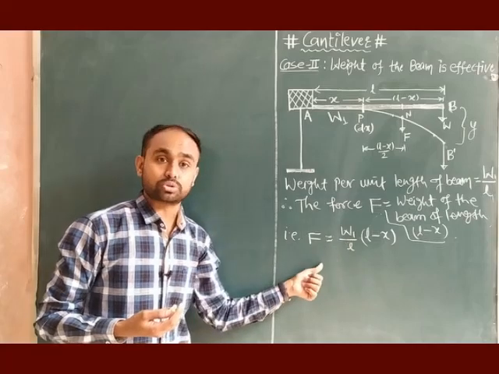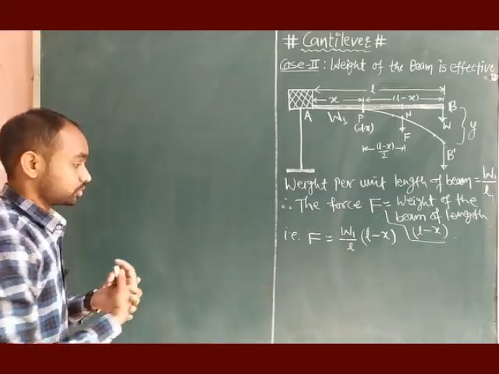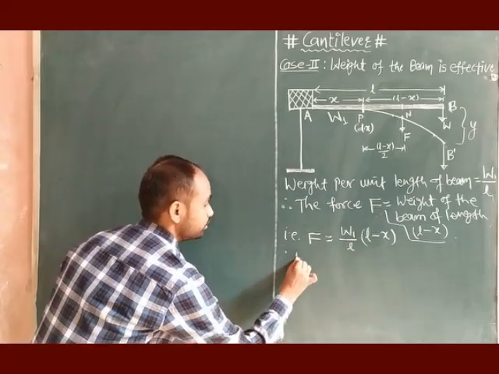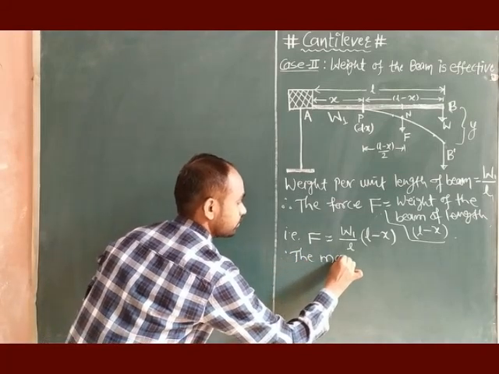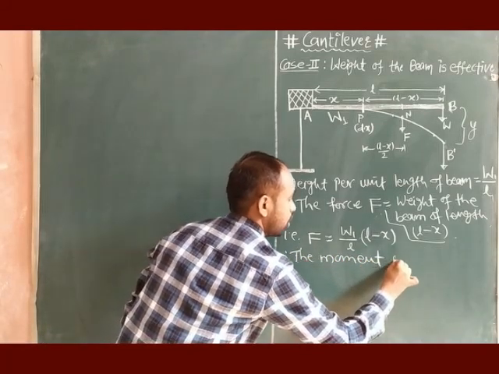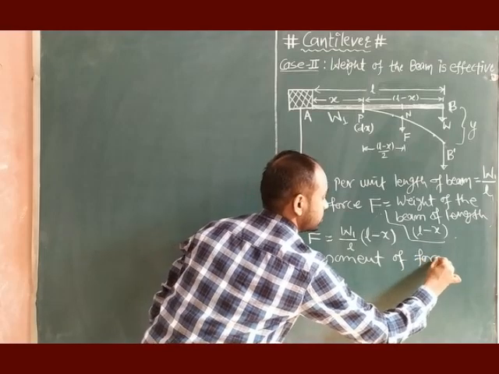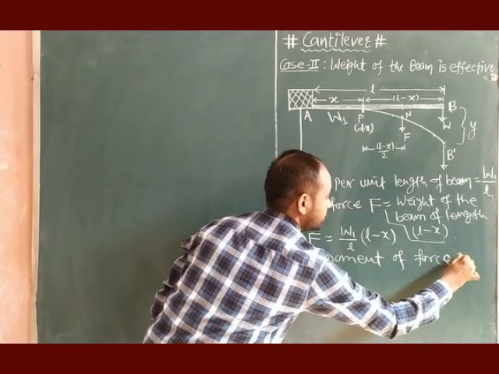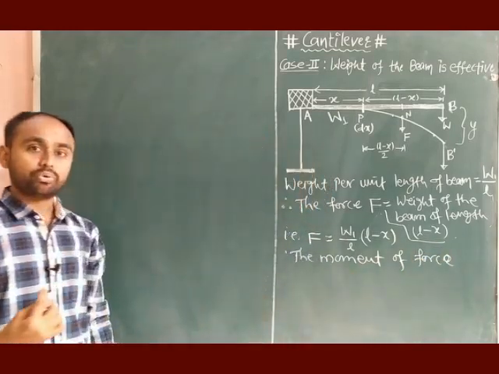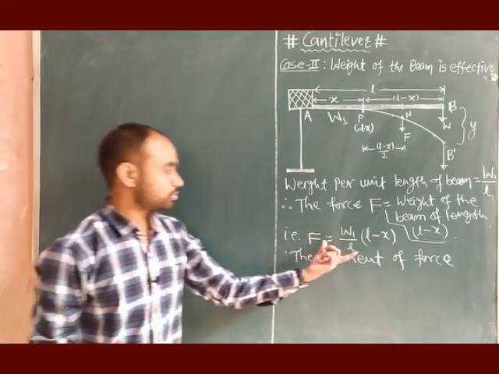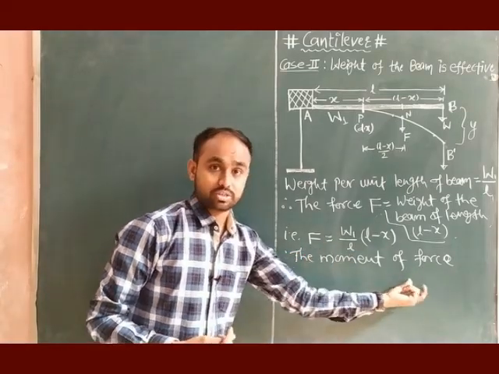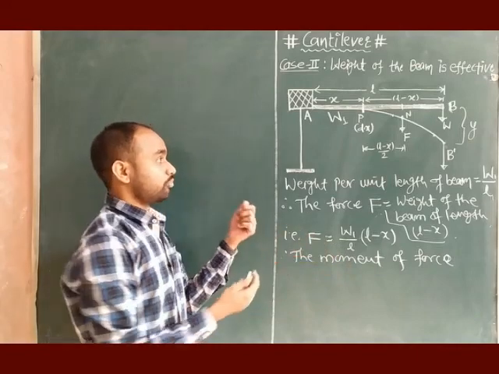But this is just a force, and we want the moment of force. How do we get the moment of force? We know the moment of force is simply force into distance.